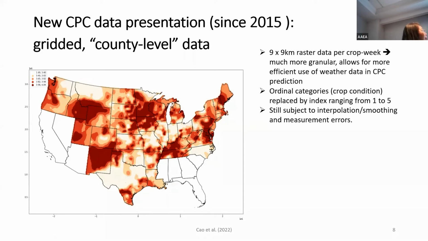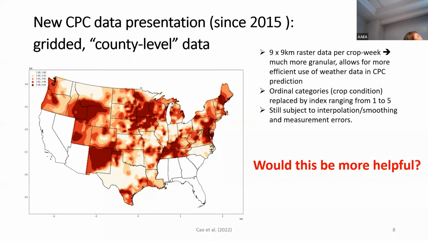That's much finer. And instead of the ordinal categories, they introduced an index ranging from 1 to 5. If it's 1, then all the crop is very poor. If it's 5, then all the crop is excellent. This gives us some opportunity to explore this dataset and see if we could improve our prediction.